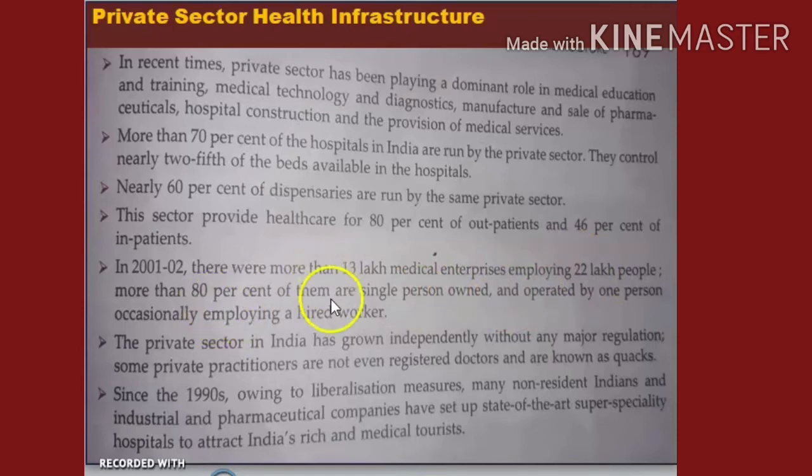More than 80% of them are single-person enterprises, owned and operated by one person, occasionally employing a hired worker. So the 13 lakh medical enterprises, meaning doctors, were employing people; new small hospitals have been generated, and they employ a single person, who may be an attender or somebody for help.